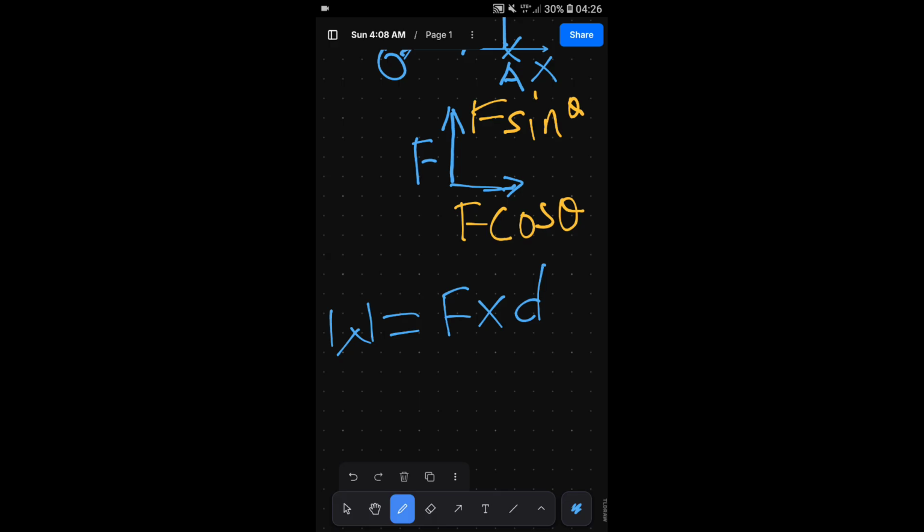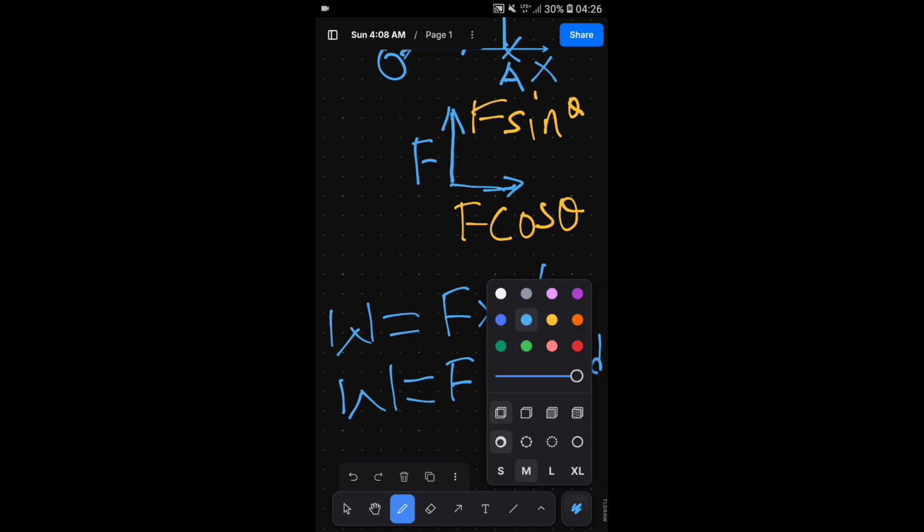Now since our new F is F cos theta, we can simply write W to be F cos theta times d, and that is how we prove it.